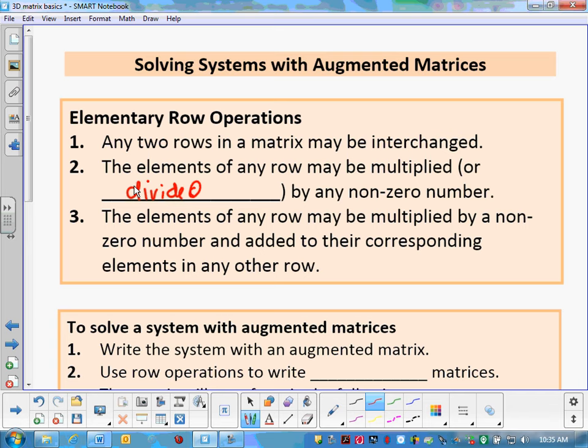The third thing that we can do, the elements of any row may be multiplied by a non-zero number and then added to the corresponding elements in another row to change the looks. By doing any of these things, you change the looks of the matrix, but you do not change the solution to the system.